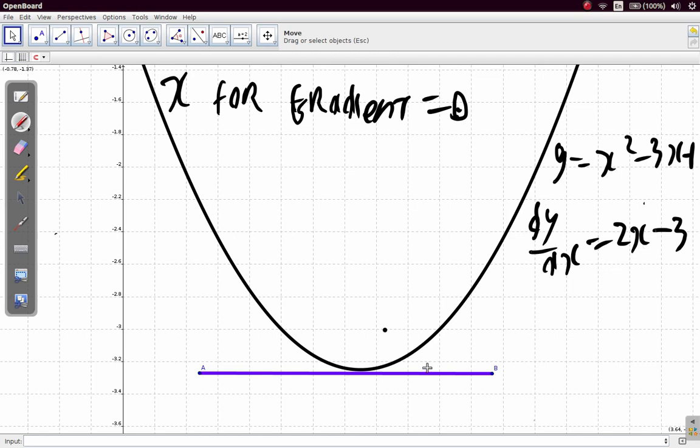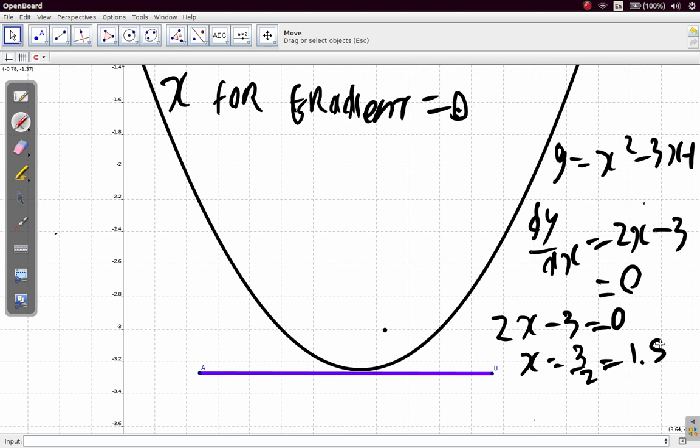We don't know where the gradient of the graph is 0. But if this gives the gradient of the graph, and we want to find out where the gradient of the graph is 0, we just equate this to 0, so that we have 2x minus 3 equals 0. Now, when we transpose here, we get x is equal to 3 over 2, which is 1.5.